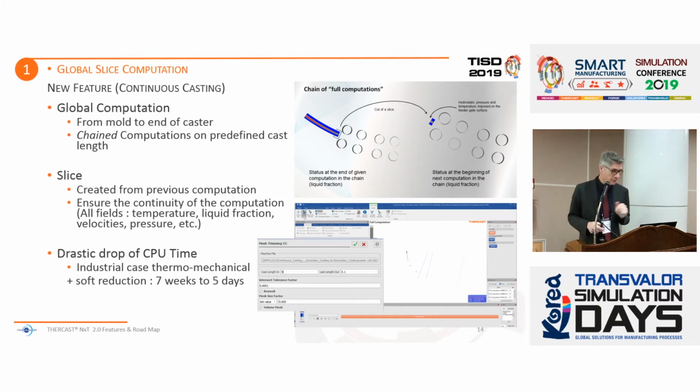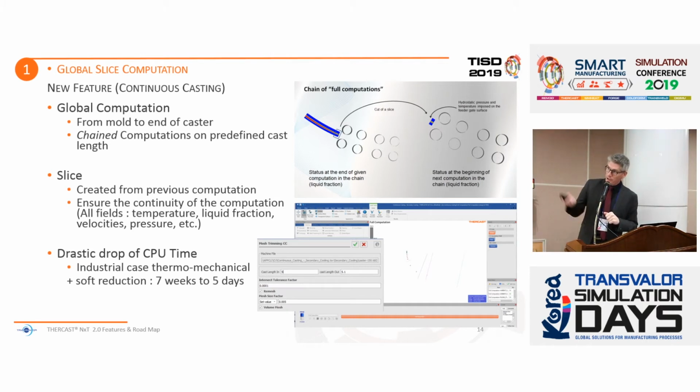Now we have developed a feature that is very easy for the user to set up, whose principle is to decompose the length of the caster into different lengths, and the computation passes from one to the other automatically. We ensure the continuity of the computation from the previous one to the next through the transportation of a small slice on which we have all the results coming from the previous computation. Then we have the continuity of the casting.